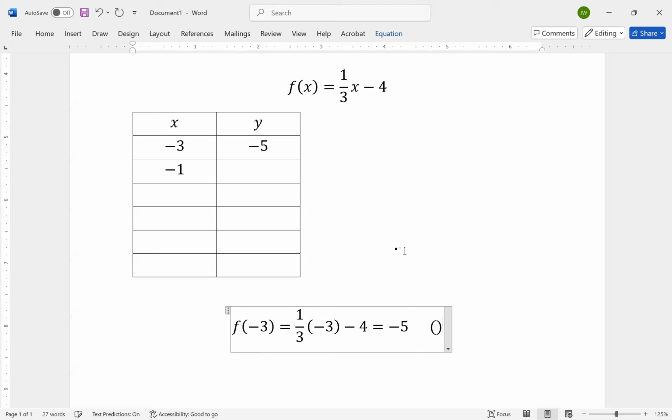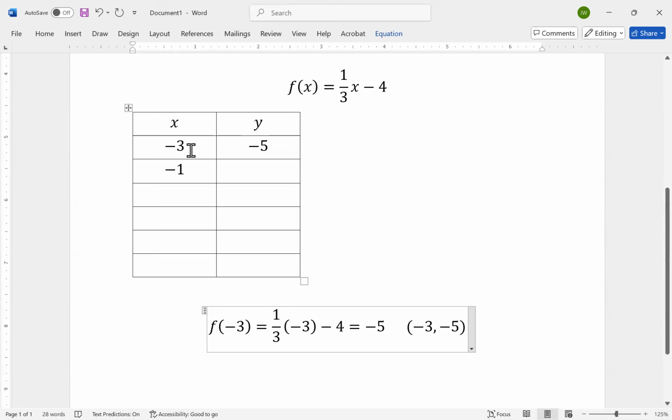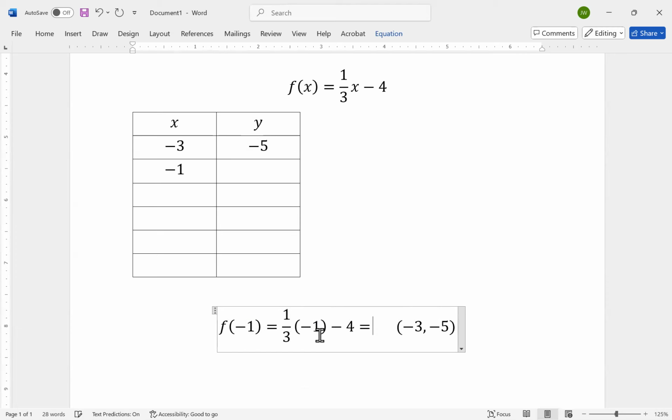And that means the graph of this function goes through the point -3, comma, -5. That's what I'm putting into my table here, just the -3 and the -5. Well, if I plug in a -1, 1/3 times -1 minus 4 becomes -4 and a third.